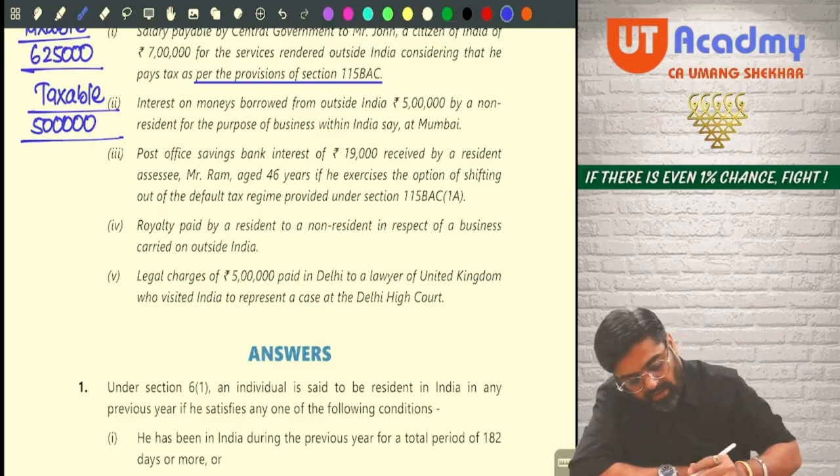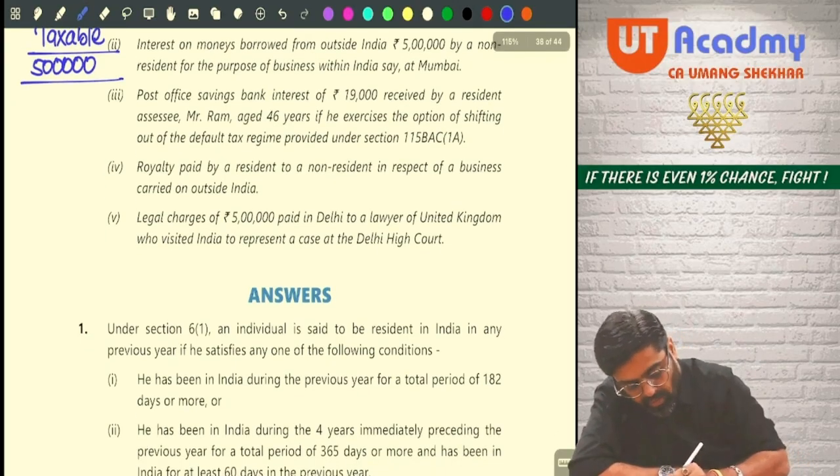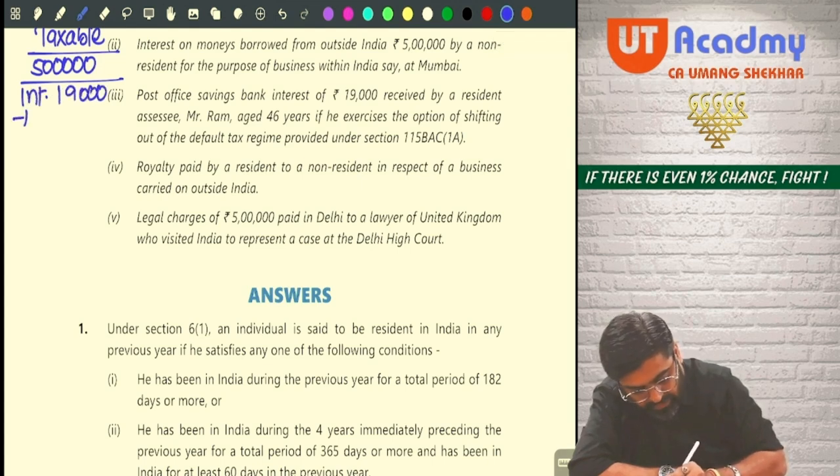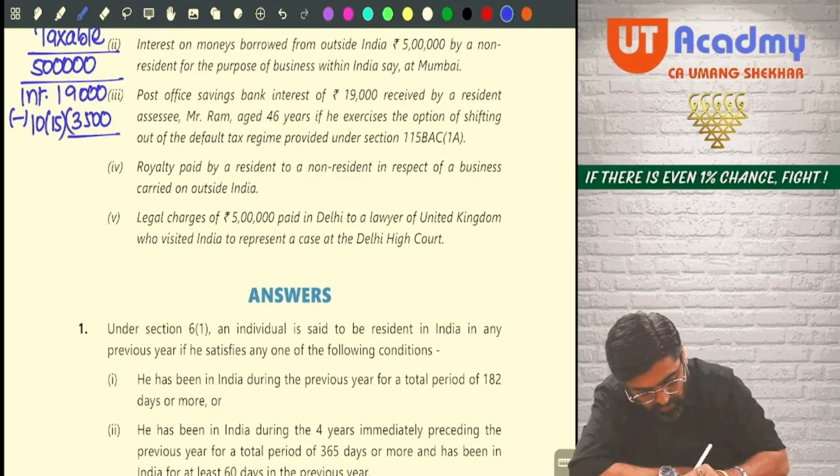How did you arrive at it? See, out of 19,000 interest, some interest was exempted under section 10(15) amounting to 3,500. Yes or no? So you will get 15,500.